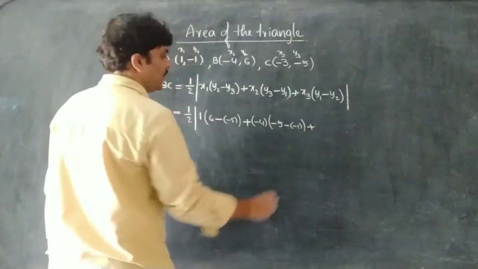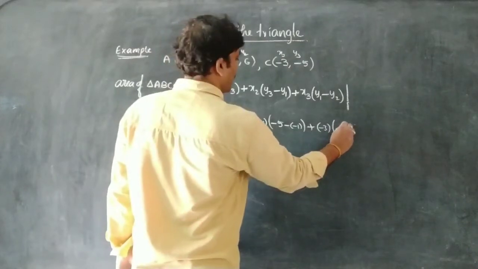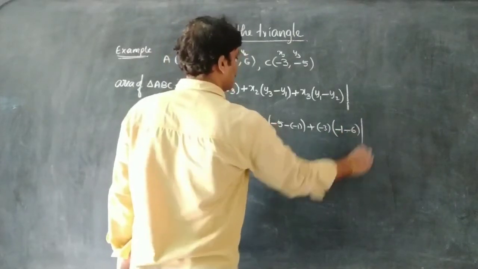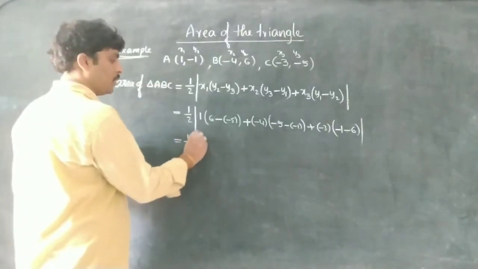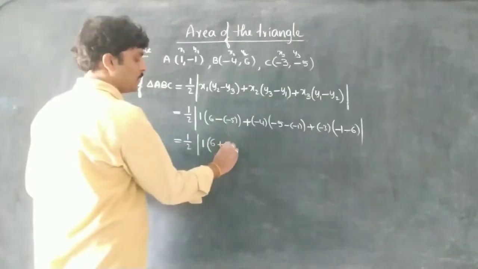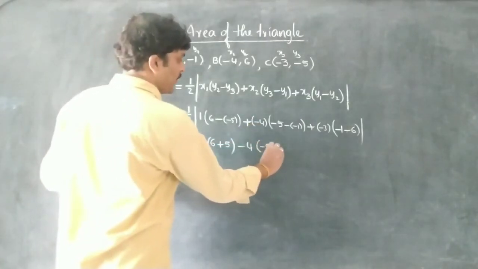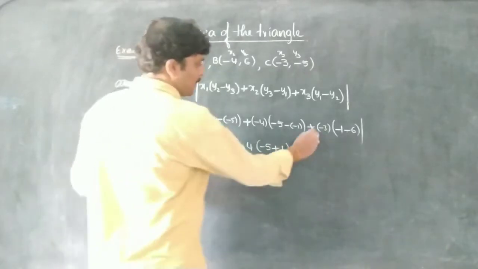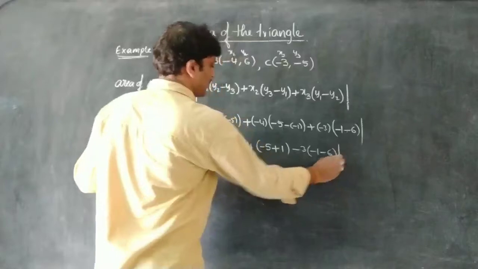Plus x3 is minus 3, y1 minus y2, 6 minus (minus 1).